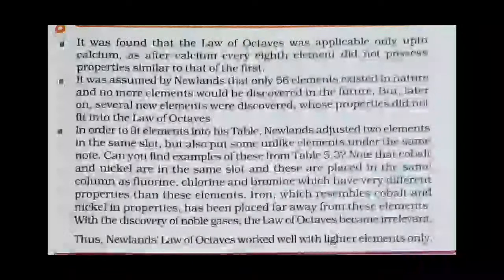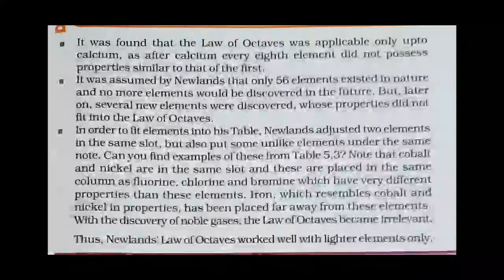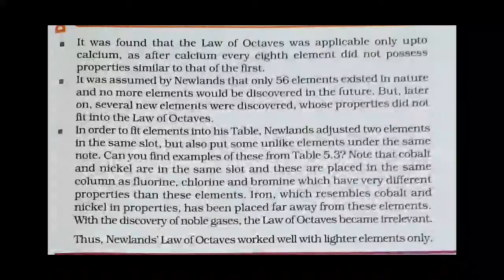Newlands arranged about 56 elements in his periodic table. He arranged 7 elements in one row and the 8th element below the first element.